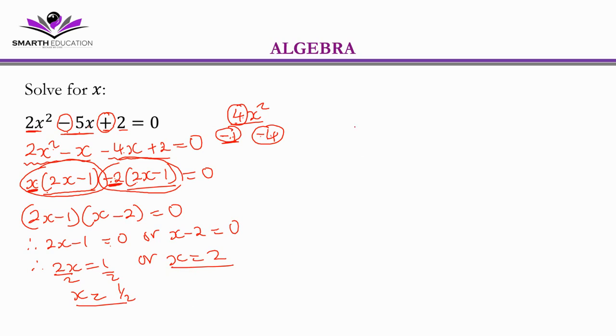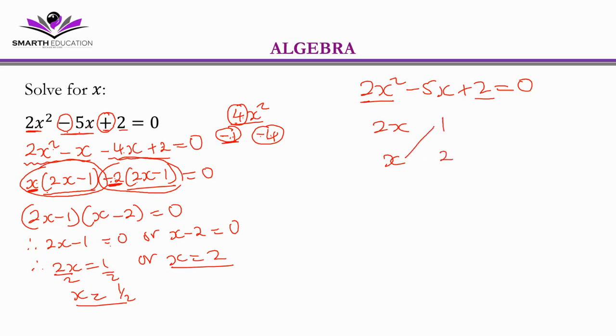Okay. The other method, you can say 2x squared minus 5x plus 2 is equal to 0. Right, we look for the factors of 2x squared and 2. So let's just do trial and error. We can have 2x and x, and 2 can only be 1 and 2.